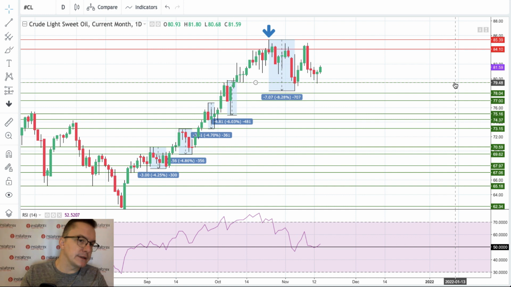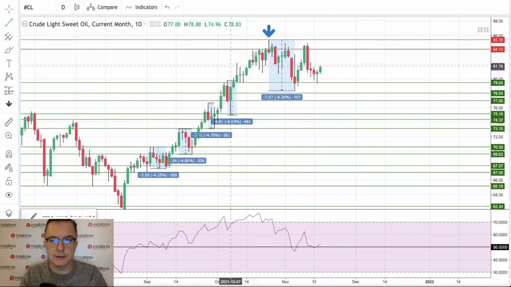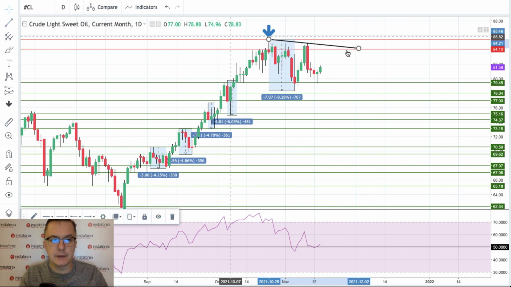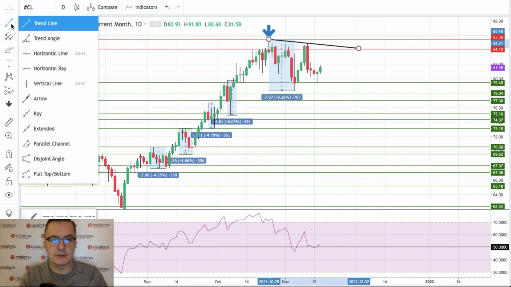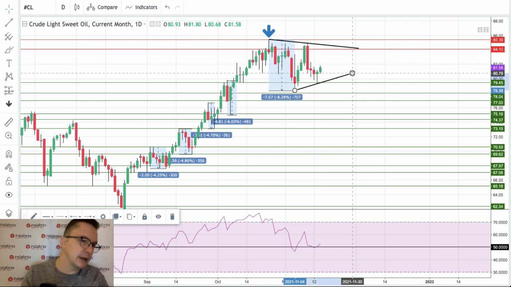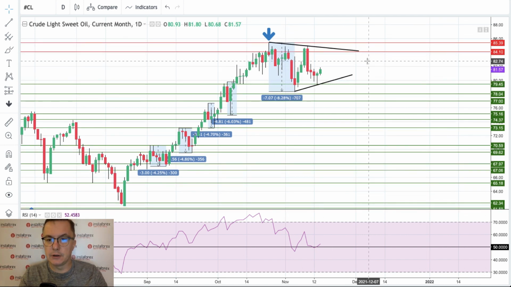However, this is only the continuation of the overall consolidation pattern. We might see some sort of, let's say, beginning of a maybe potential triangle formation here, but it's still too early to draw this kind of conclusions yet. And as you can see, that might be kind of a big triangle around $80 per barrel.